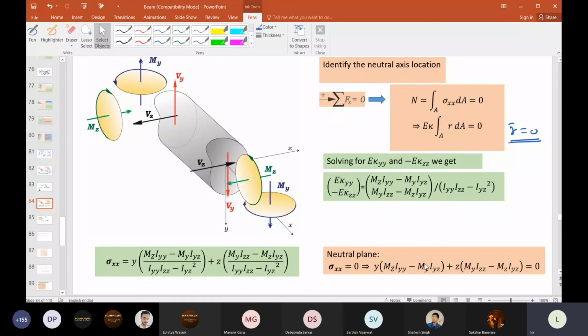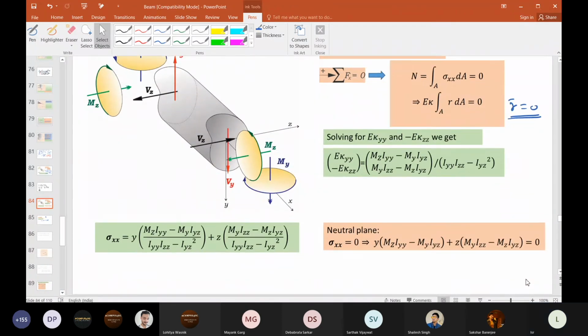But also you may have to find out the neutral plane. Let us say this side you take out, and this side you take out, then we will calculate z by y is equal to this by this.